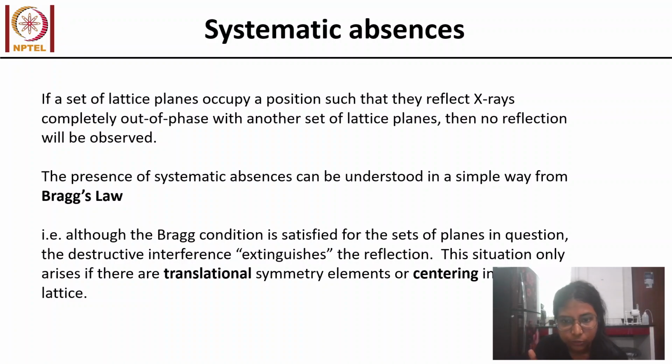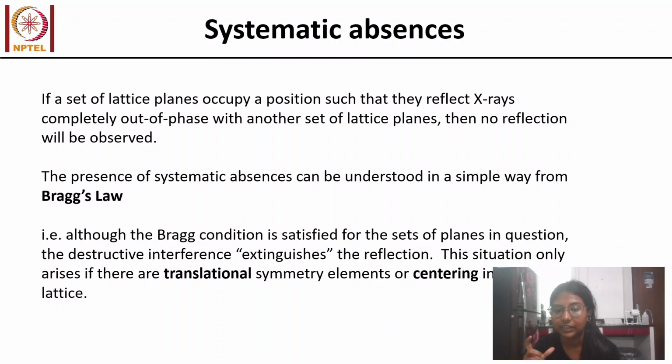They are reflecting X-rays, the Bragg condition is satisfied, but since it is out of phase, there is destructive interference. This happens when there are translational symmetry elements or centering in the crystal lattice, which is very important. So what do we mean by centering in the lattice? We have primitive unit cells, and then we have A-centered, B-centered, C-centered, face-centered, and body-centered.